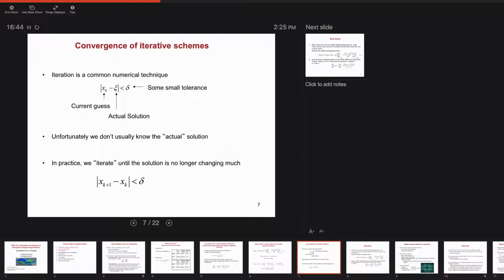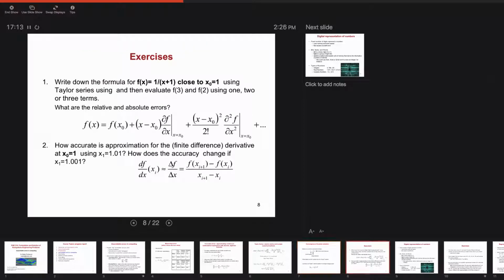But if I ask you, hey, give me the square root of 2.5 or 4.5, I don't necessarily have that value, so I can test my algorithm in that case only by looking at the two neighboring values in my iteration process. And that's when I stop. I then trust my numerical algorithm, even though I tested it only in a few cases where I know the solution. That's simply the reality of numerical computing.